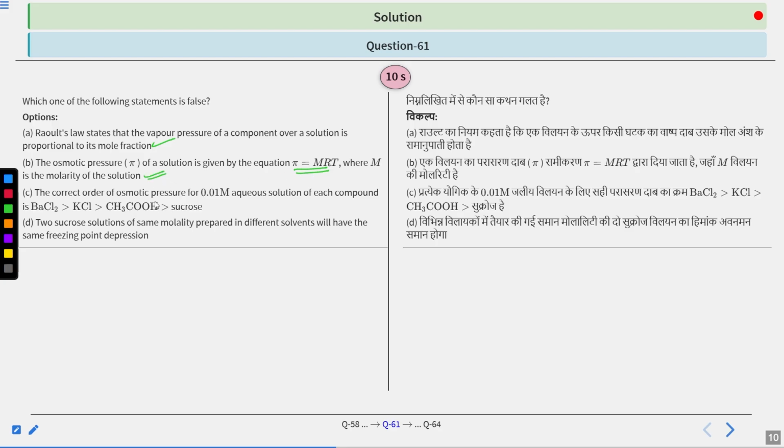Option C. The correct order of osmotic pressure of 0.01 molar aqueous solution of each compound is BaCl2, then KCl, then acetic acid, and then sucrose. Option D. Two sucrose solutions of the same molality prepared in different solvents will have the same freezing point depression. So you have some time to solve this question. Your time starts now.